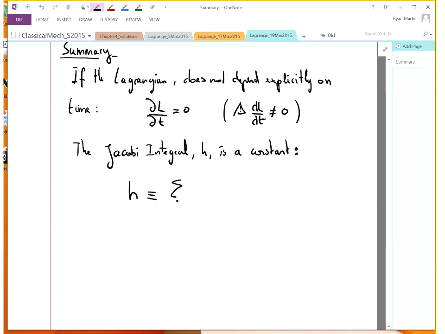first, there's a sum over the degrees of freedom of q_i dot multiplied by ∂L/∂q_i dot. So you do this sum, and then you subtract the Lagrangian. So you can always define this, but if the Lagrangian does not depend explicitly on time, then h is a constant.